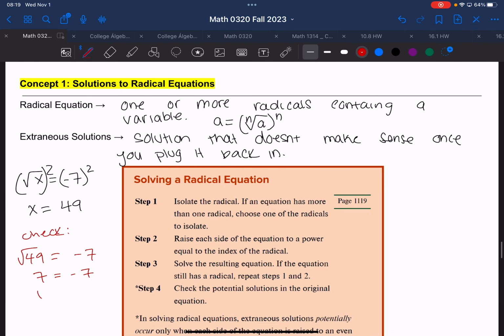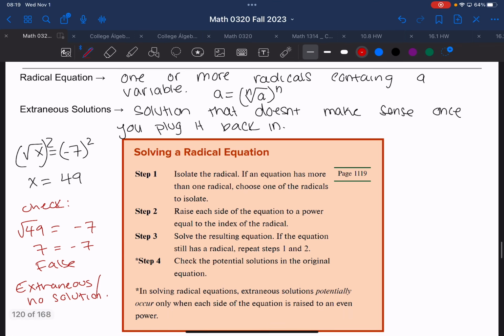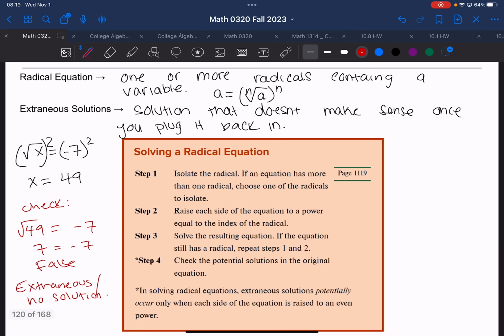No, so this is a false statement, or in other words, we call this an extraneous solution, or another word for that is no solution. It's extraneous because it seems like it should work because we did get an answer, but after plugging it back in, we get a false statement. Okay, so those are our two vocabs.